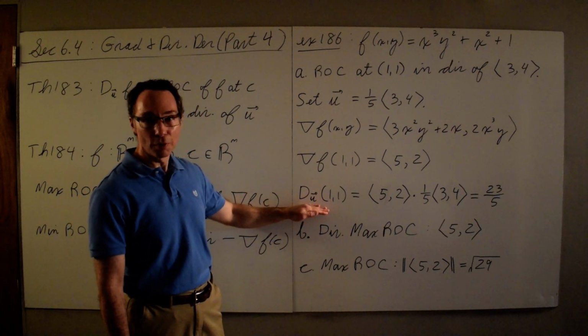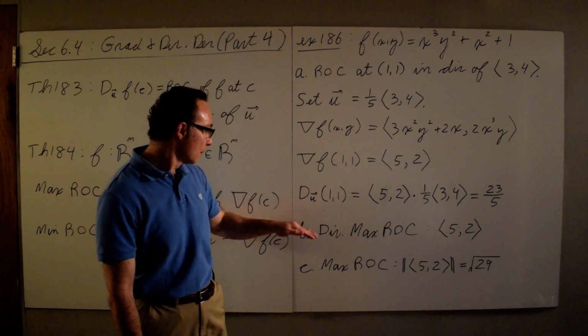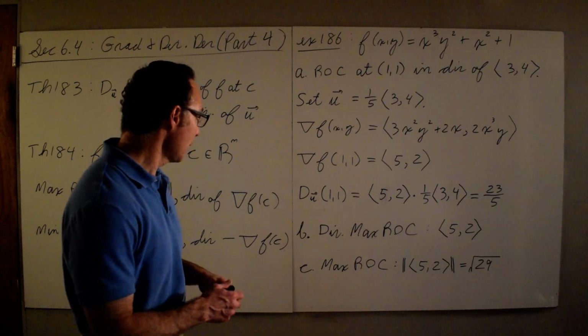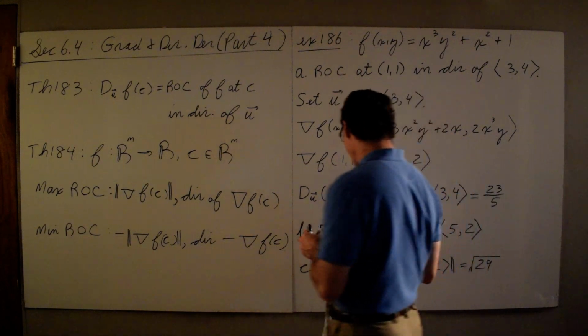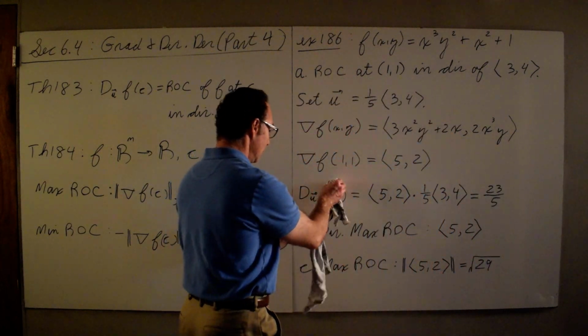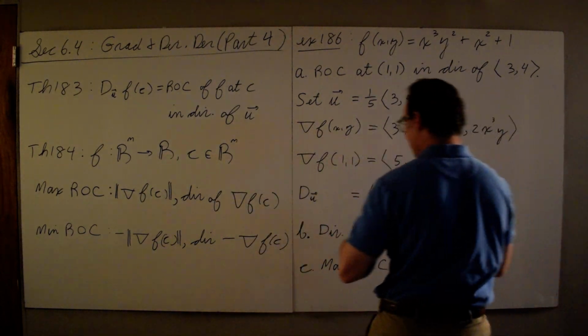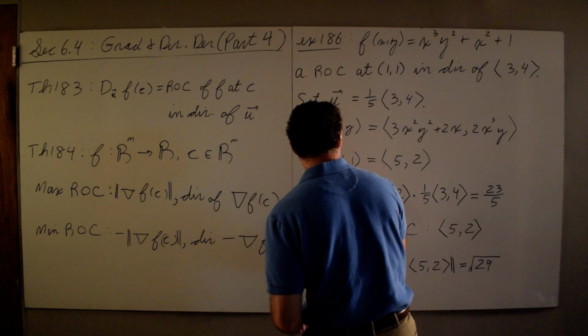The directional derivative of f at the point (1, 1) in the direction of u, and I see I forgot my f there. I'm just going to write that in rather than go back and redo the whole video. There we go.